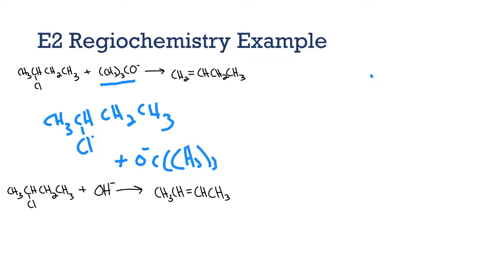So the major product for this reaction is this one here, which is less stable. We talked about in the last example, which is less stable than this one.